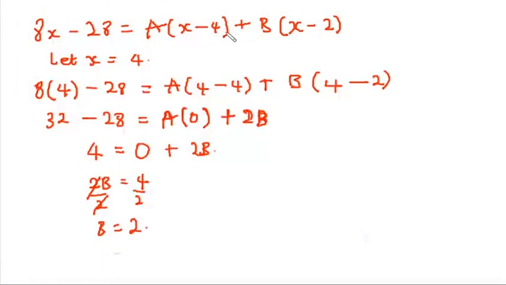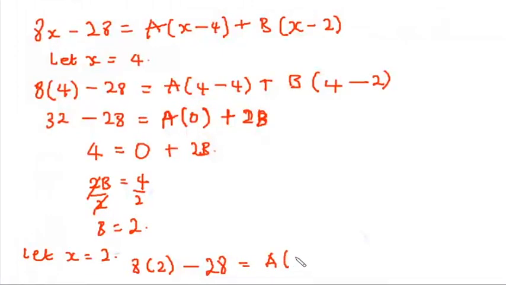Now we can also go back to this equation and find the value of x that will eliminate b. So let x equal 2. Plugging the values in, we have 8 open bracket 2 minus 28 equal to a open bracket 2 minus 4 plus b open bracket 2 minus 2.